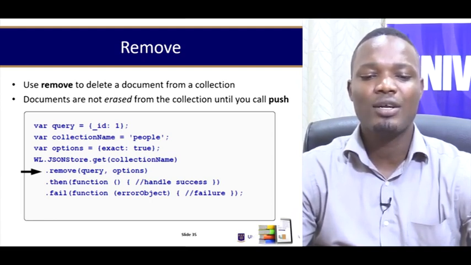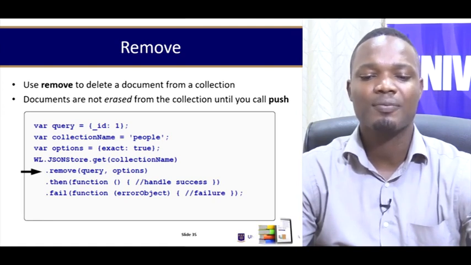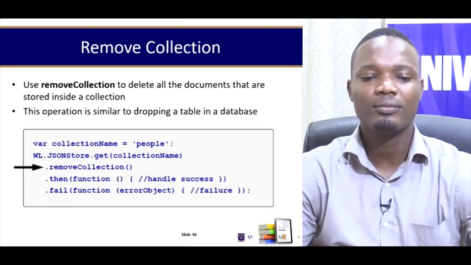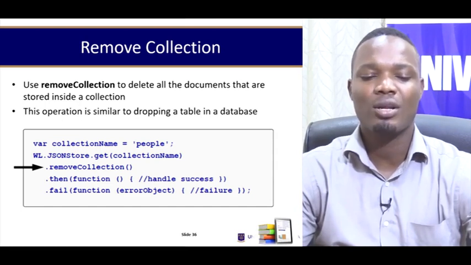Now, documents are not erased from the collection until you call a push. So even when you call the remove, you would need to call a push to erase it. Now, you can also use the remove collection function to delete all the documents that are stored inside a collection.